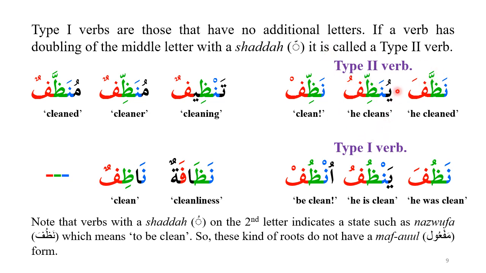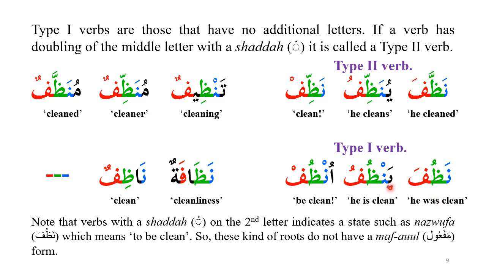Now the type 1 verb for this root noon, zal, and fa is nazufa, which means he was clean. So it describes a state. And whenever you see a dhamma on the second letter of the fi'l al-madi, it would mean a state. So he was clean, right?